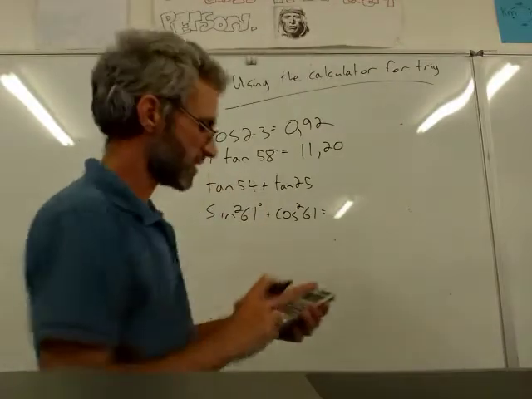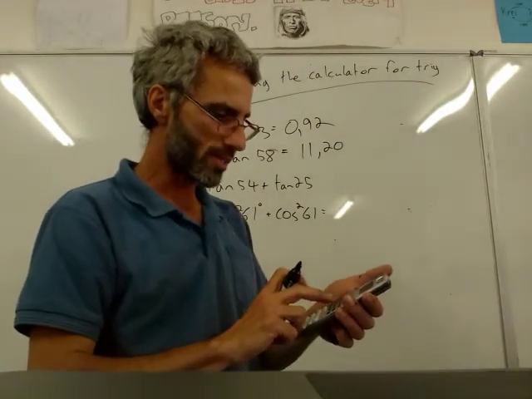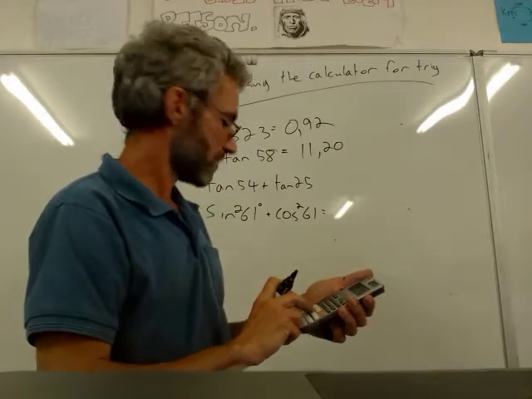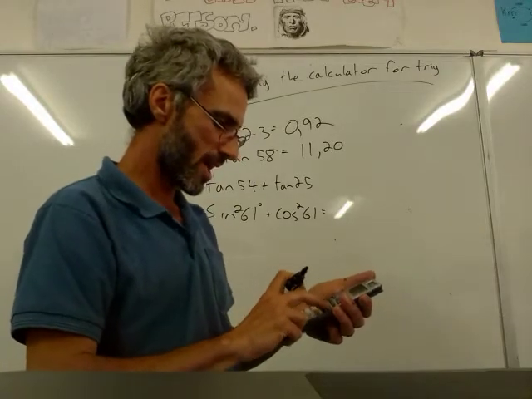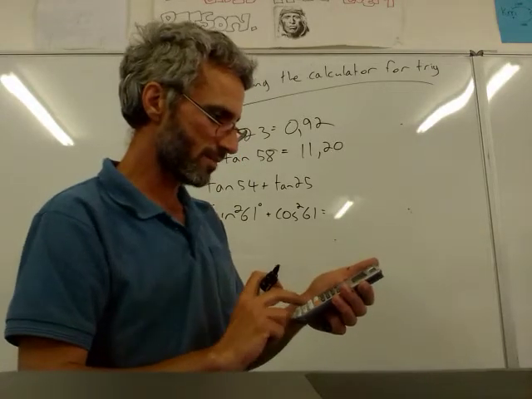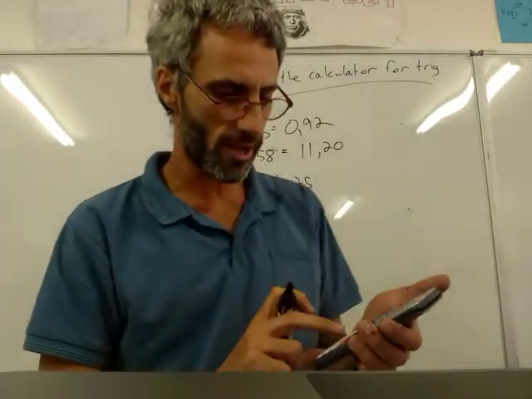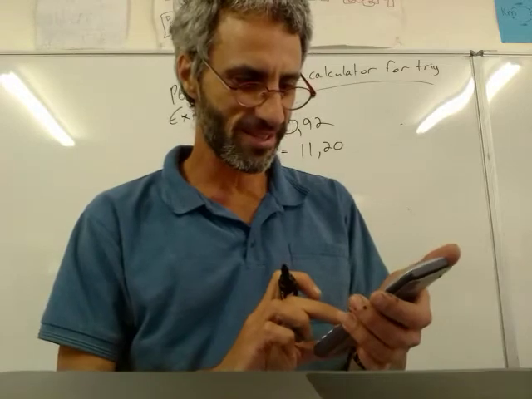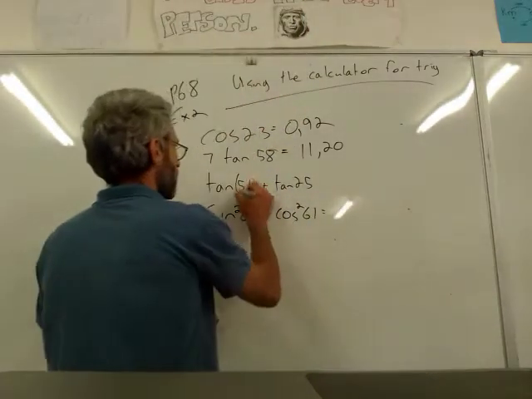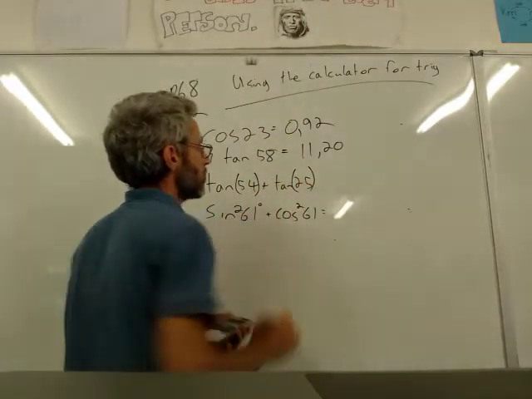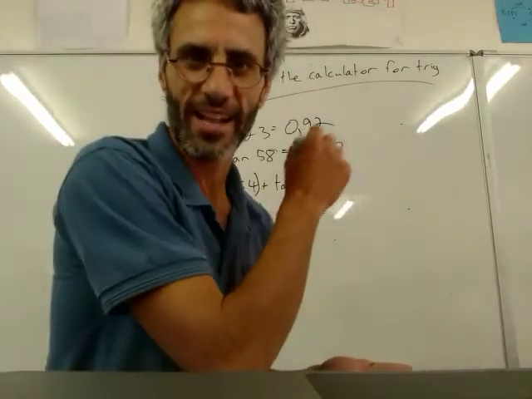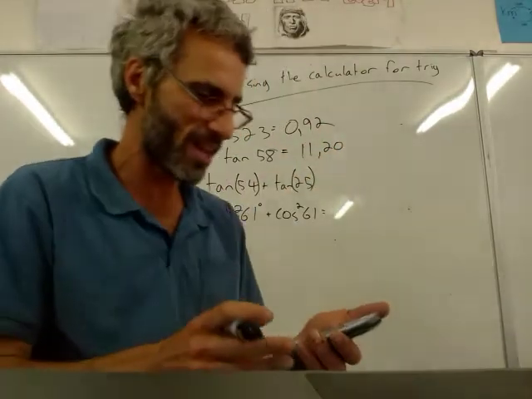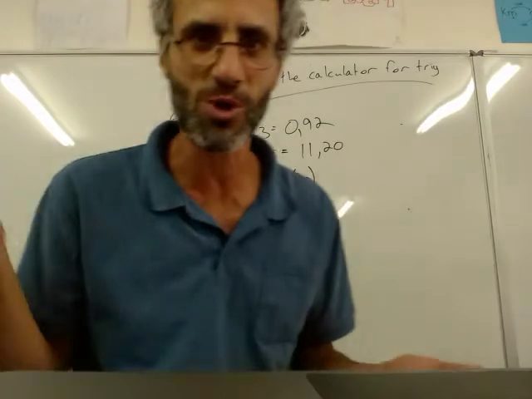Tan 54 plus tan 25. So I'm going to write tan 54 plus tan 25. But now notice what I've done here: you've got to make sure you close the brackets. So you've got to write tan 54, close the brackets, plus tan 25. You don't need to write that on your answers, but on the calculator you're going to make sure you do that. Computers are not as clear.